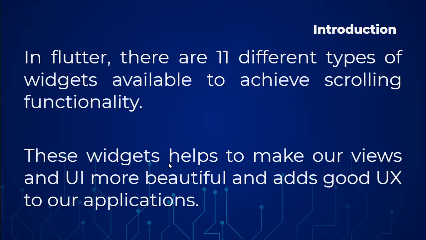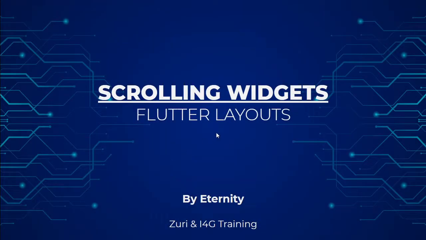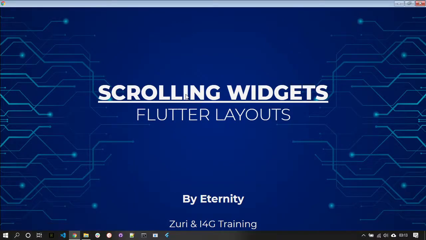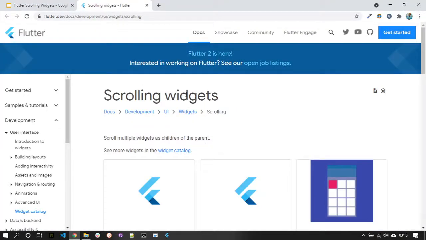In Flutter, there are 11 different types of widgets available to achieve the scrolling functionality. These widgets help to make our view and UI more beautiful and add good UX to our application. If you would like to see the 11 different types of widgets, when this slide is available, you can click on this and you get to go to this web page.